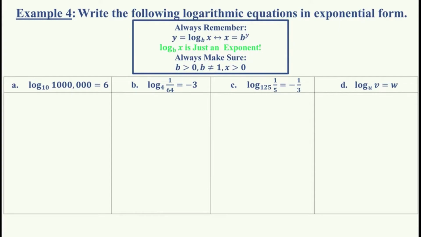Again, remember that the easy part about the whole thing is that the base of the logarithmic equation is also going to be the base of the exponential equivalent, and we know that the entire logarithm, which is 6, is going to be the exponent. And when you take care of that power, you're going to get the argument on the other side. So we get 1 million. Let's try that again.